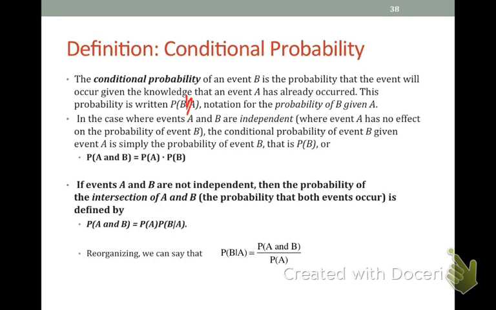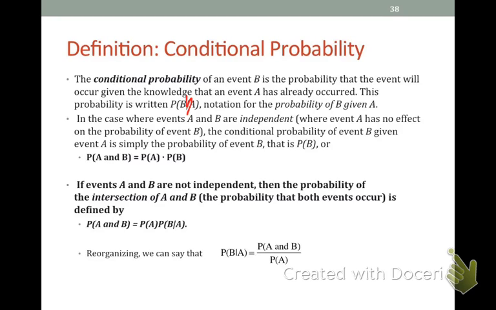In the case where events A and B are independent, where event A has no effect on the probability of event B, the conditional probability of event B given A is simply the probability of event B. Which means that if you have two independent events, it doesn't matter what the probability of A was. Probability of B is the same. For example, you roll a die. What's the probability of rolling a 4 and then a 6?